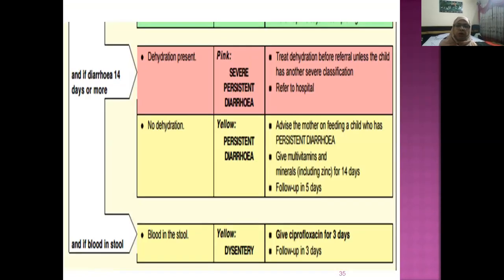So all about today, I have mentioned the classification of cough and cold with difficult breathing, that is pneumonia, severe pneumonia, and no pneumonia, cough and cold, and their related questions, and I have discussed diarrhea with severe dehydration, some dehydration, no dehydration.